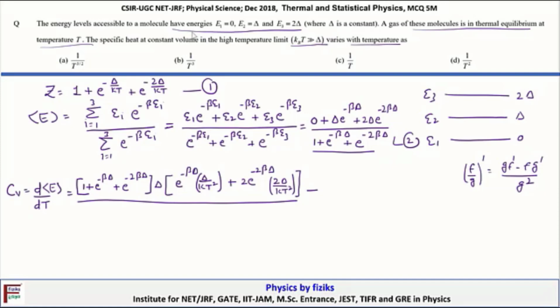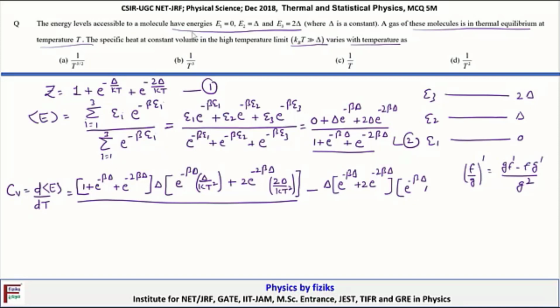Now minus the numerator, delta, and inside the bracket we have exponential minus beta delta, plus 2 times exponential minus 2 beta delta, that is f, multiplied by g dash. So g dash is exponential minus beta delta, and then the differential of the exponent again.